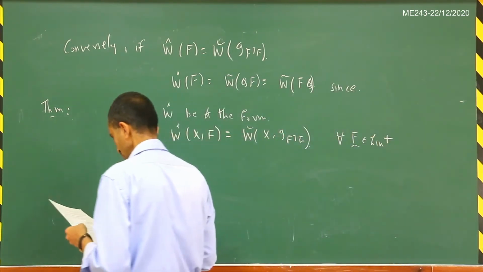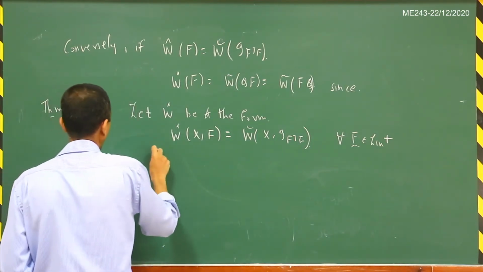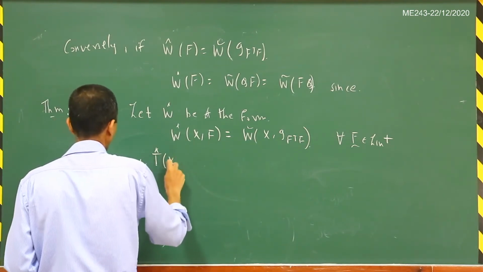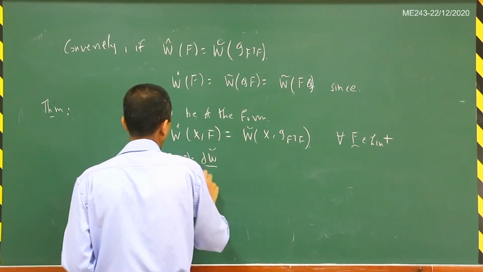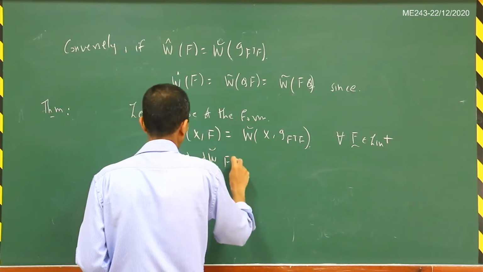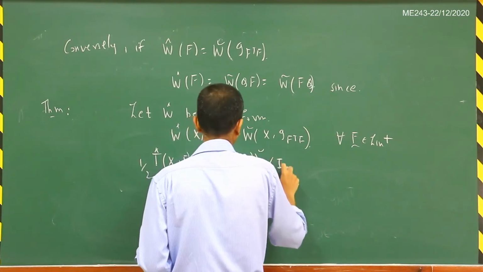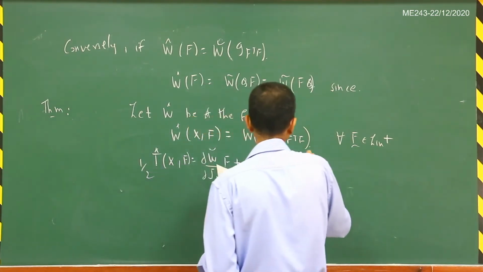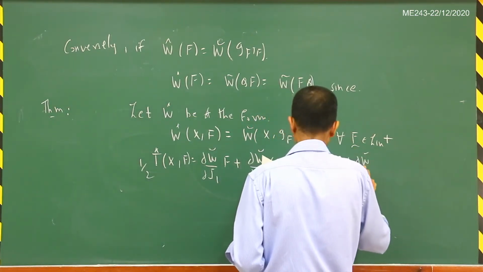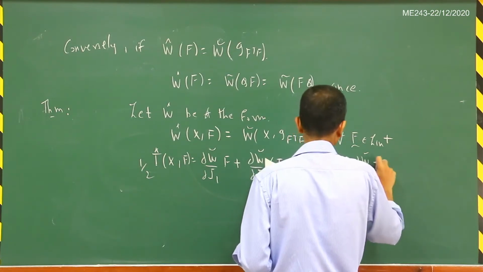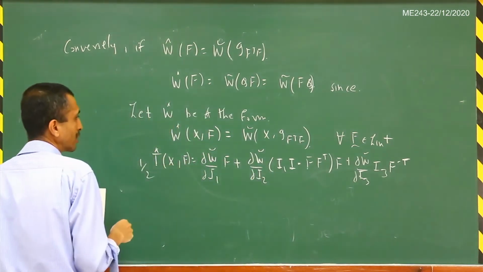And then after this we get that the first Piola-Kirchhoff stress P hat of x comma F is equal to del W by del I1 times F plus del W by del I2 times (I1 I minus FF transpose) times F plus del W by del I3 times I3 times F inverse transpose. And this is the expression for the first Piola-Kirchhoff stress.